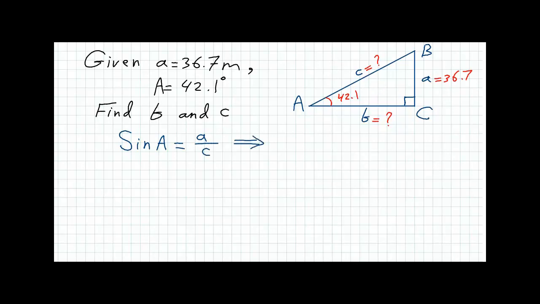Sine 42.1 is equal to a, which is 36.7, over c, which is unknown.